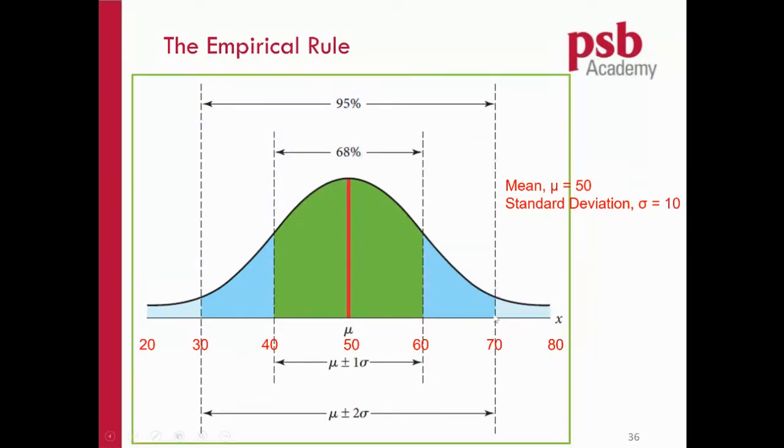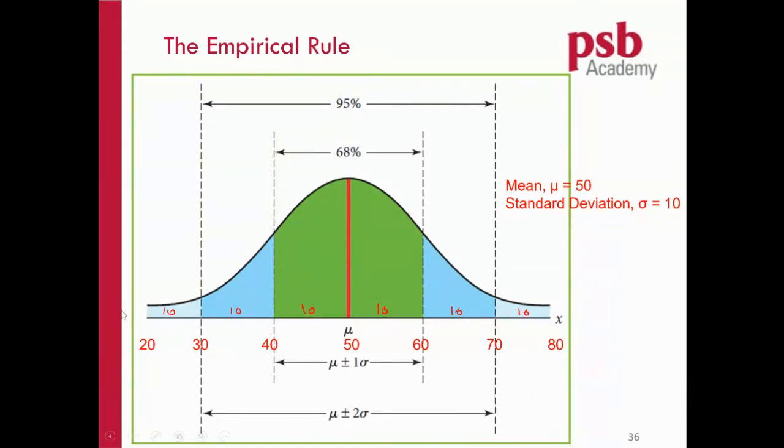Then the three sections I cut on the right and on the left. How big is one section? That section is one standard deviation. So if this is 50 and standard deviation is 10, that means every section of this is 10. Right, so automatically you know this is 50, then there will be 60, then there will be 70 and 80. So going down, you'll have 40, 30, and 20.